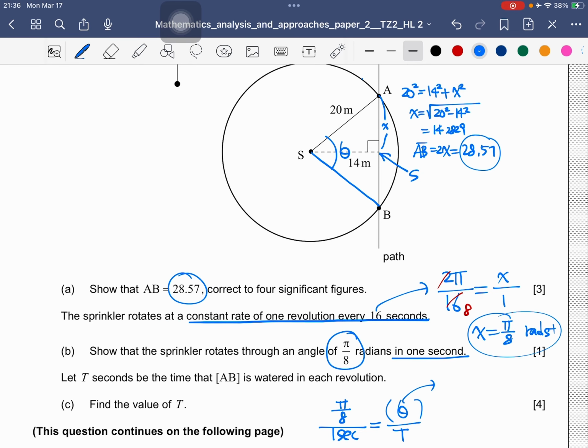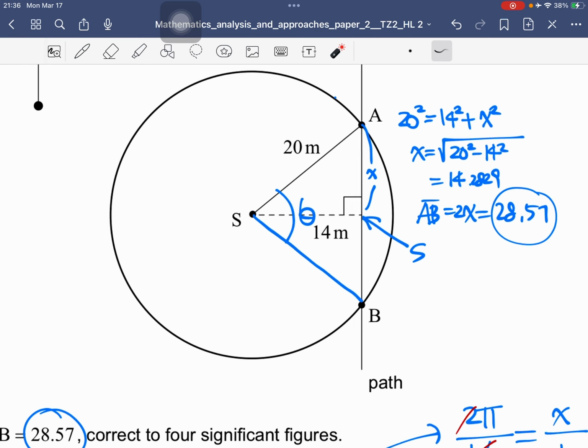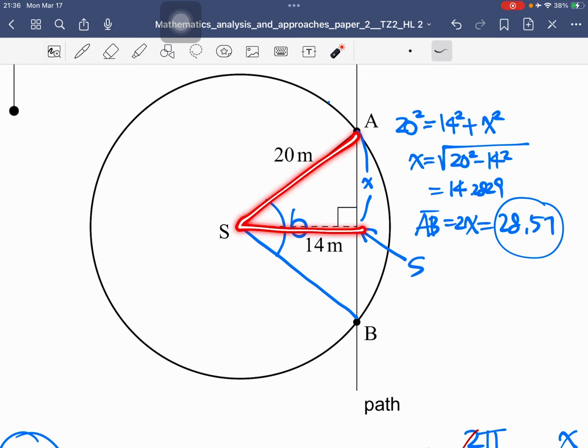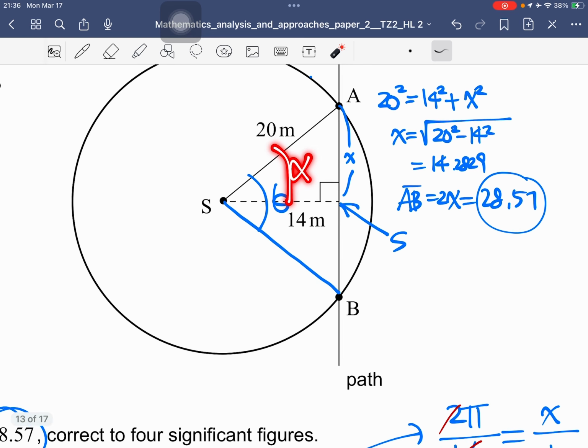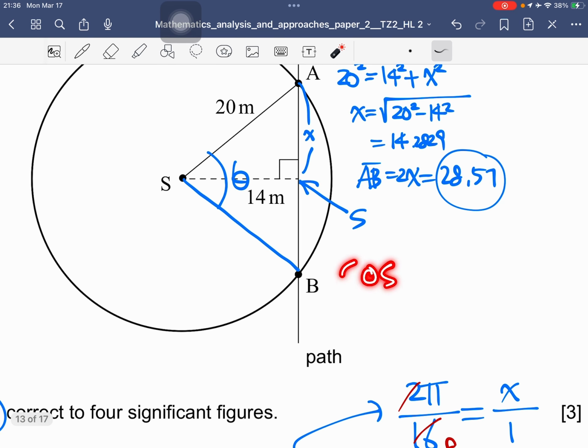You can see that this angle here is half of theta. There's a cosine value here because this is a right triangle. So let's say this angle is alpha. Cosine of alpha equals 14 over 20.